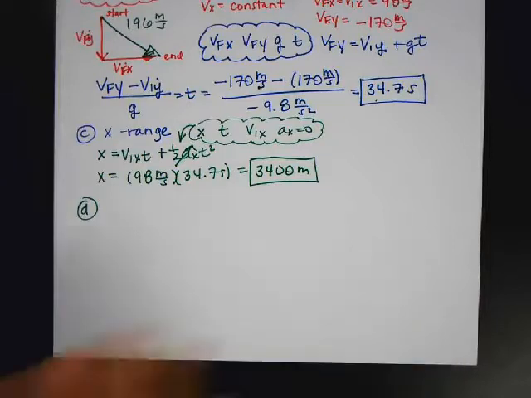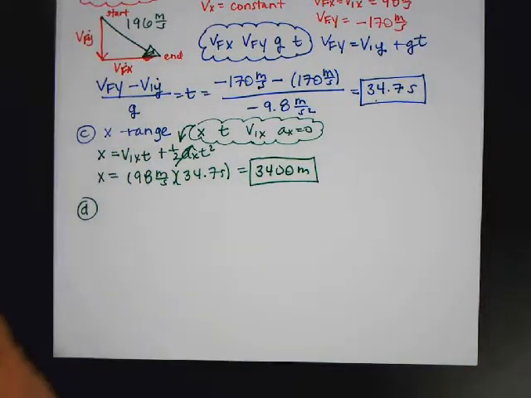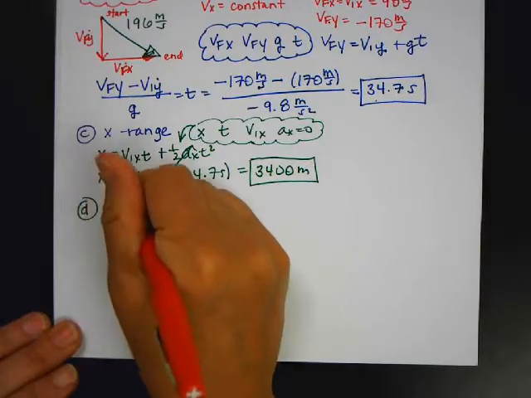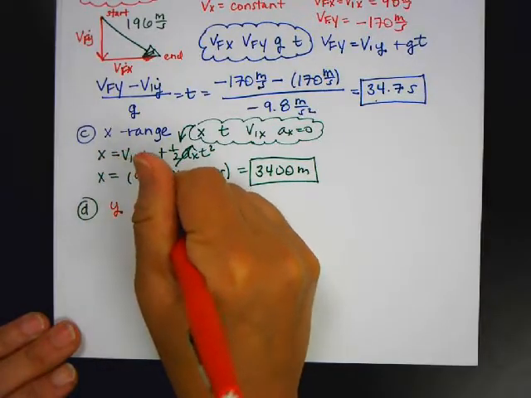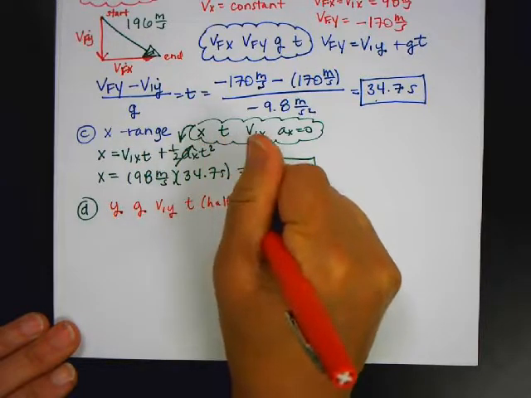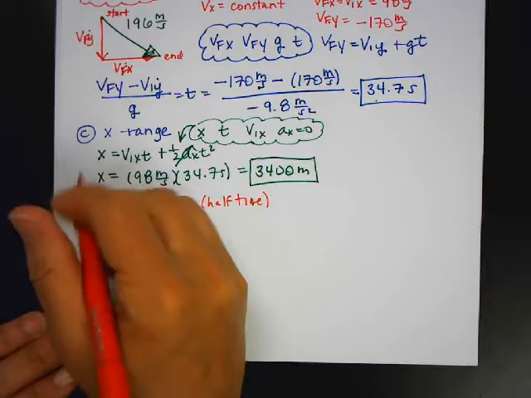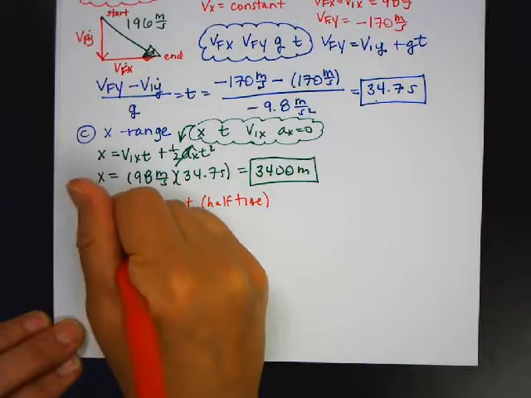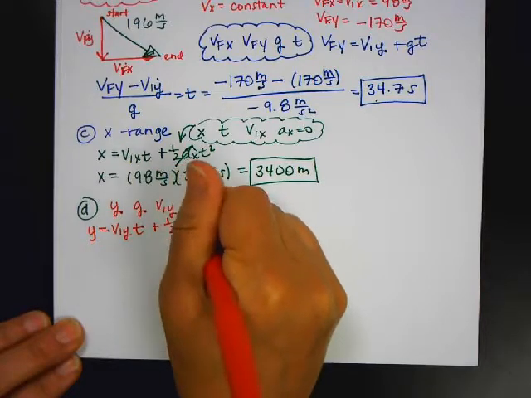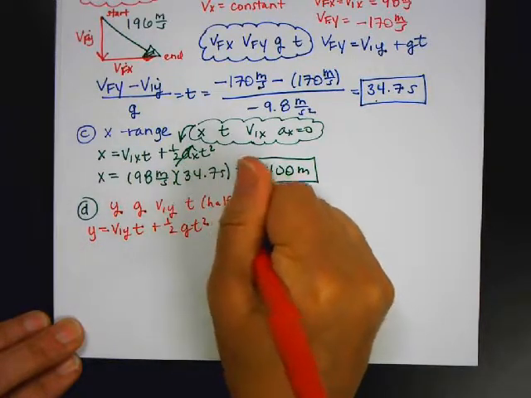Okay? So the first way we're going to do it is we're going to say, I want to find y, I have little g, I have VIY, and I can do half the time. So I can say y is equal to VIYT plus 1/2 GT squared, and I can use half the time.